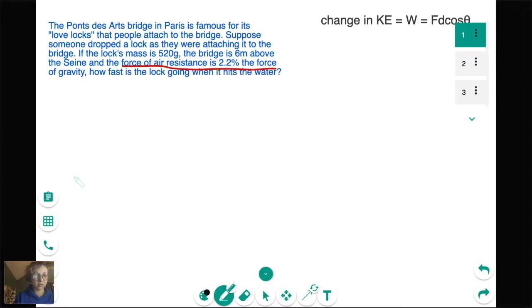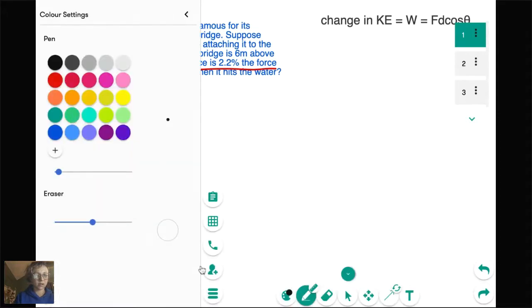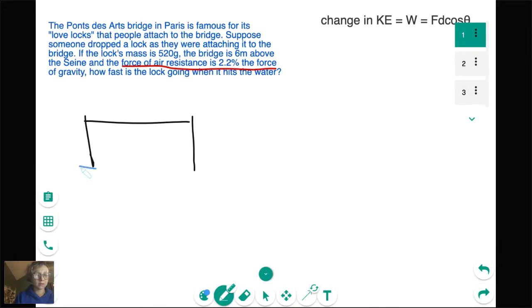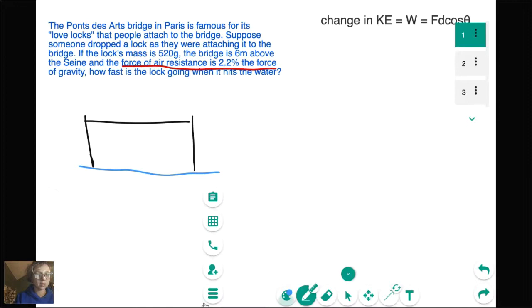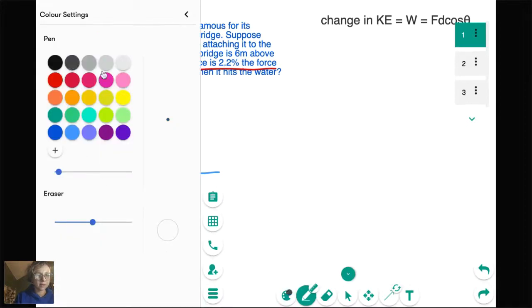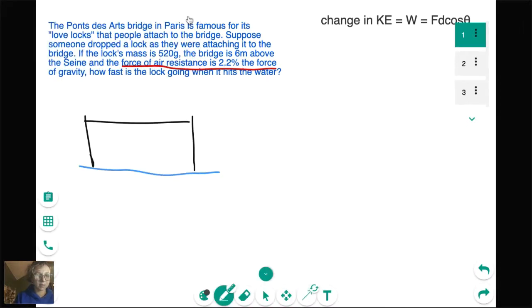So I'm going to draw our bridge. We'll just draw it as like a little H looking thing, and we'll draw the water down here. We'll make it blue because it's water. And then our lock is going to be dropped from the top of the bridge.